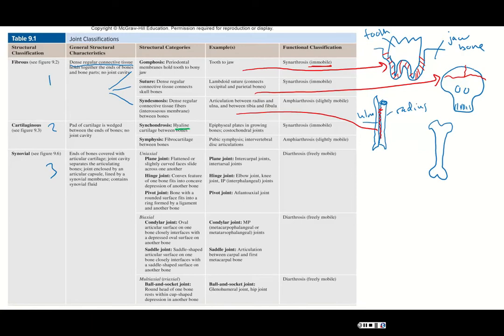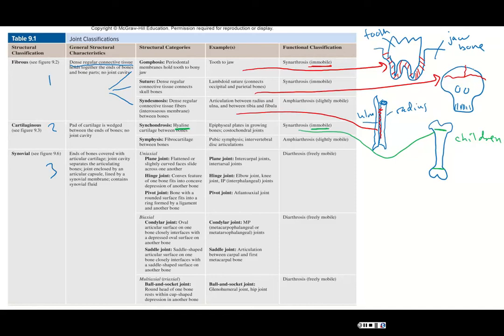So there's hyaline cartilage there, and it's found in the proximal epiphysis and the distal epiphysis of the long bone. So it's found, of course, in children, and it's another example of one that really should be immobile. There's no reason for those bones to be moving. So the top and the shaft of the bone are not going to be moving apart, but they're allowed to grow.